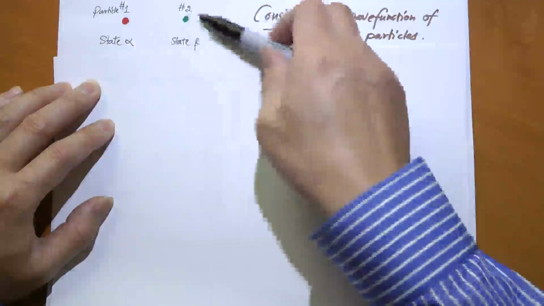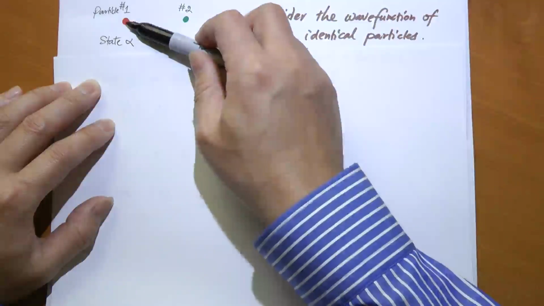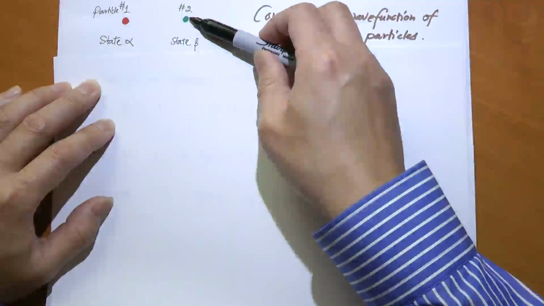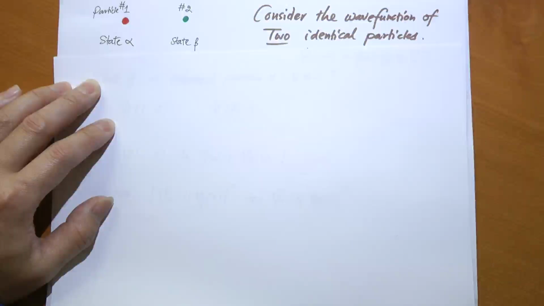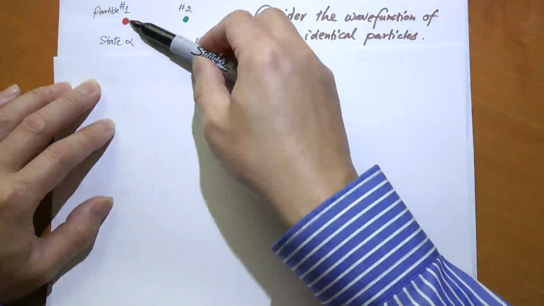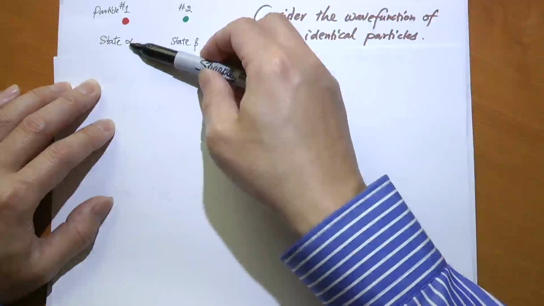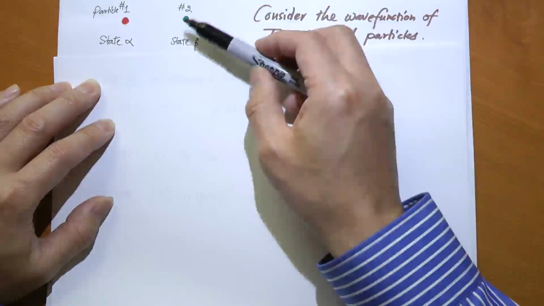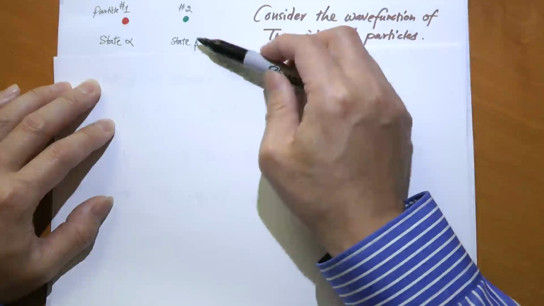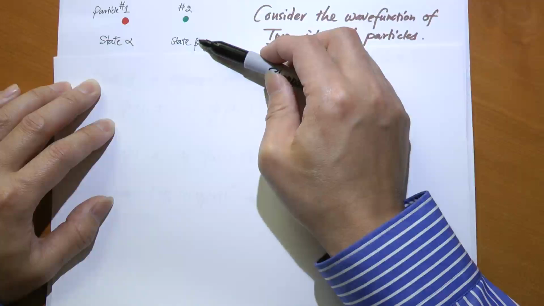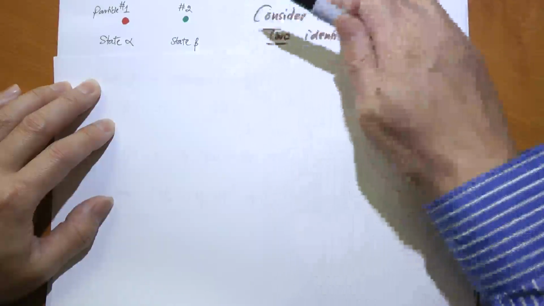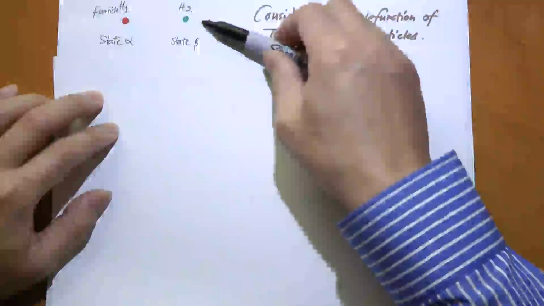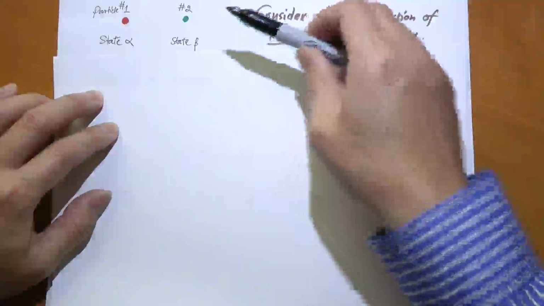Well, these two events each have a probability, right? This guy has a probability of being in state alpha, and that one has a probability of being in state beta. The wave function, which describes the probability amplitude for particle 1 in state alpha, is psi alpha for particle 1. And at the same time, the wave function describing particle 2 in state beta is psi beta for particle 2. So I simply multiply these two wave functions together.